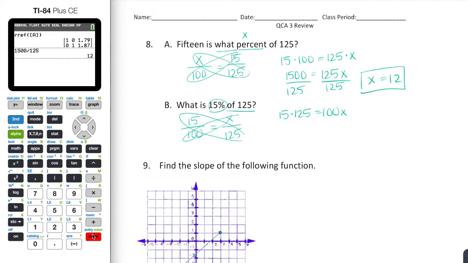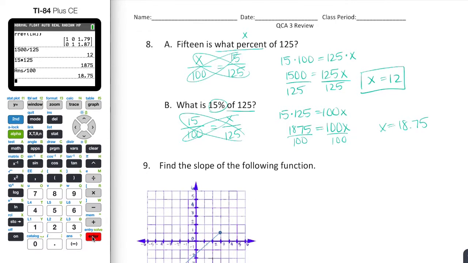So then 15 times 125, 1,875. That equals 100x. So divide by 100, divide by 100, and x equals 18.75.